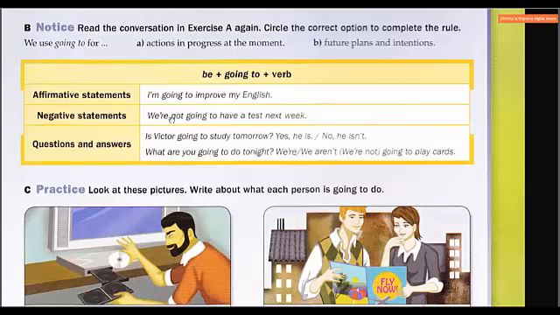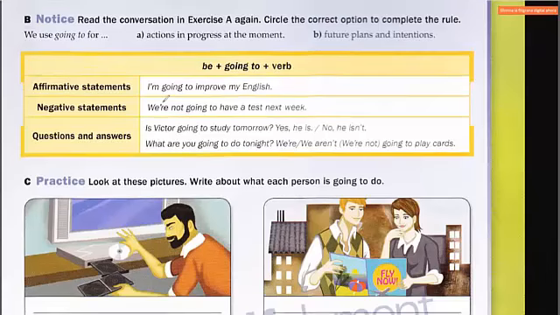The negative is going to be, we're not going to have a test next week, okay? The negative sentence. As you know, after the verb to be, you have to add the word not in order to make a negative statement, okay? Understand? After the verb to be, you add not, in order to make a negative statement.